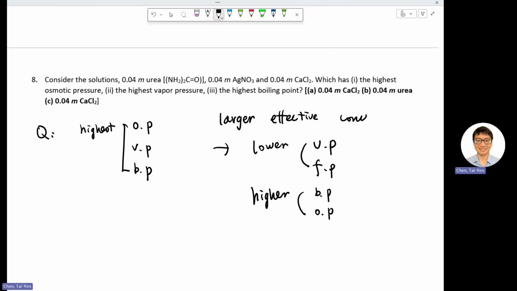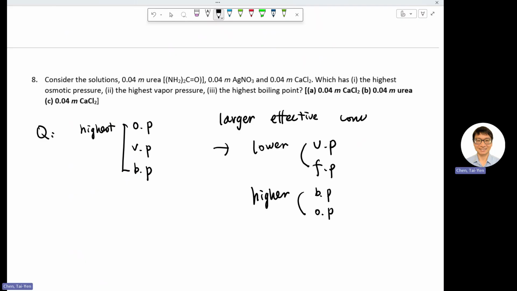Everybody follow? Okay, this is what you need to memorize conceptually. With a larger effective concentration, you're going to have a lower vapor pressure, lower freezing point, higher boiling point, and higher osmotic pressure. Okay?